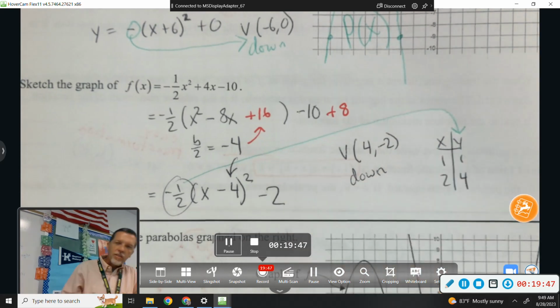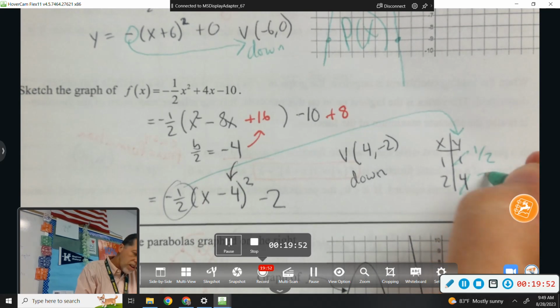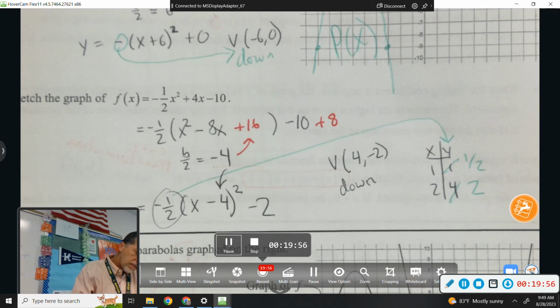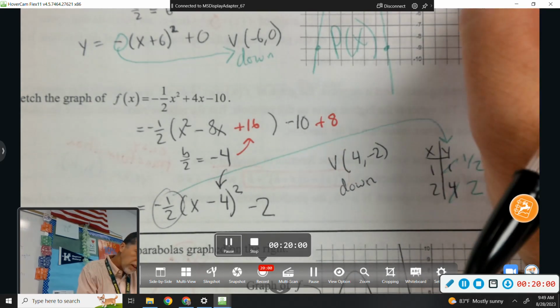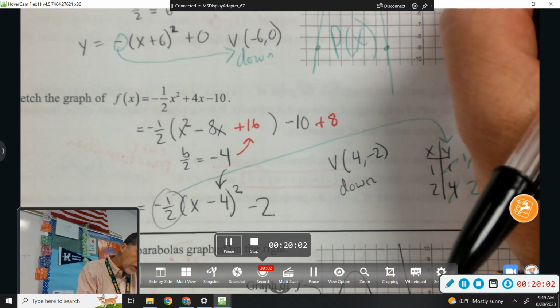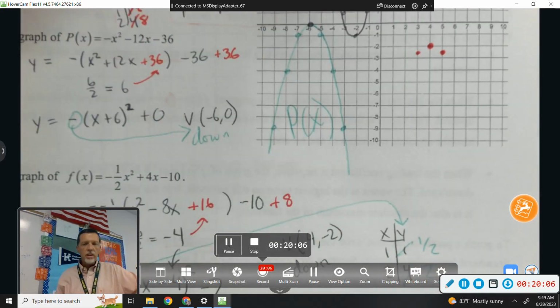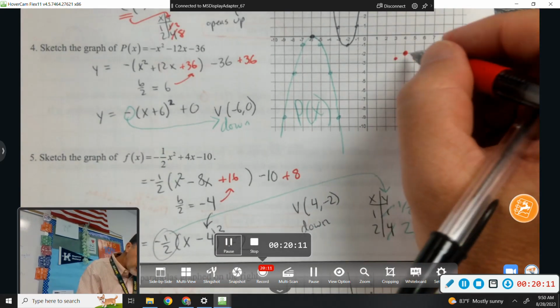That will accomplish the squish. So let's see. 4, negative 2. Normally 1, 1, but now 1, 1/2. And normally 2, 4, but now 2, 2.